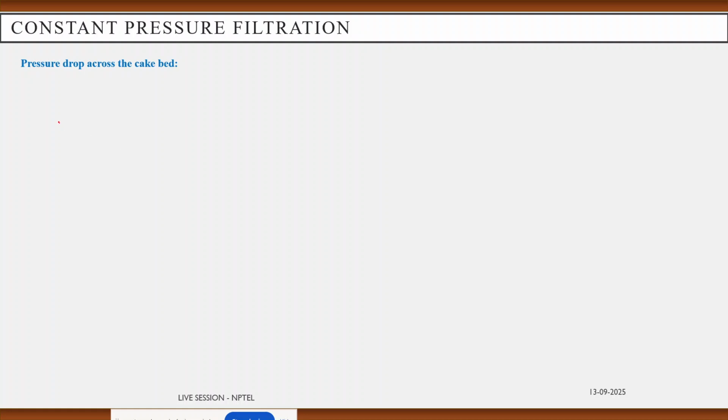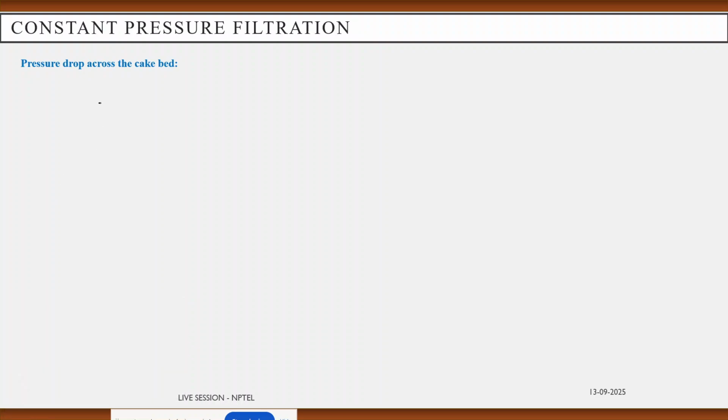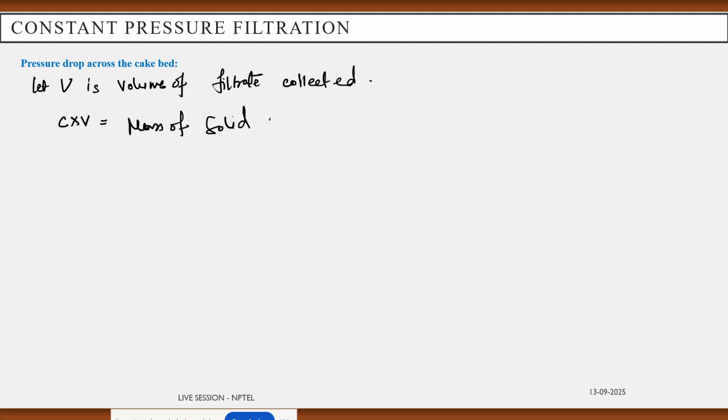So when you substitute that value, you can get, suppose let V be the volume of filtrate which has been collected. So C into V will be the mass of solid particles present in cake.